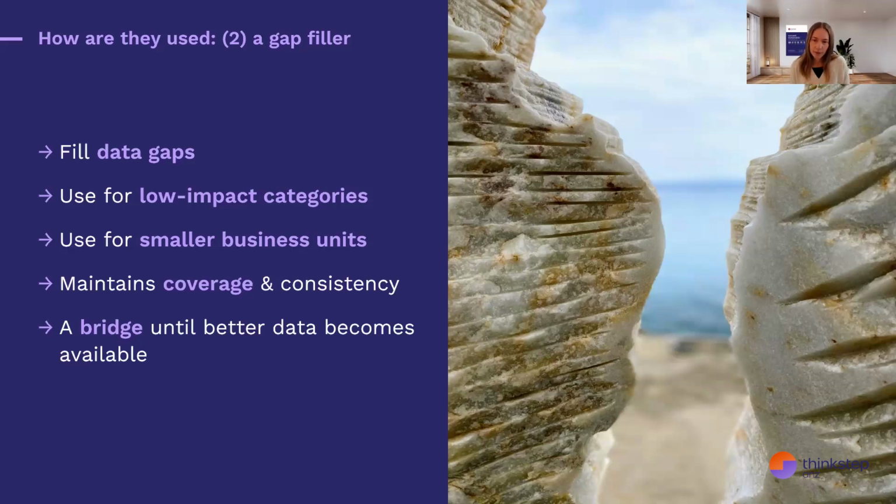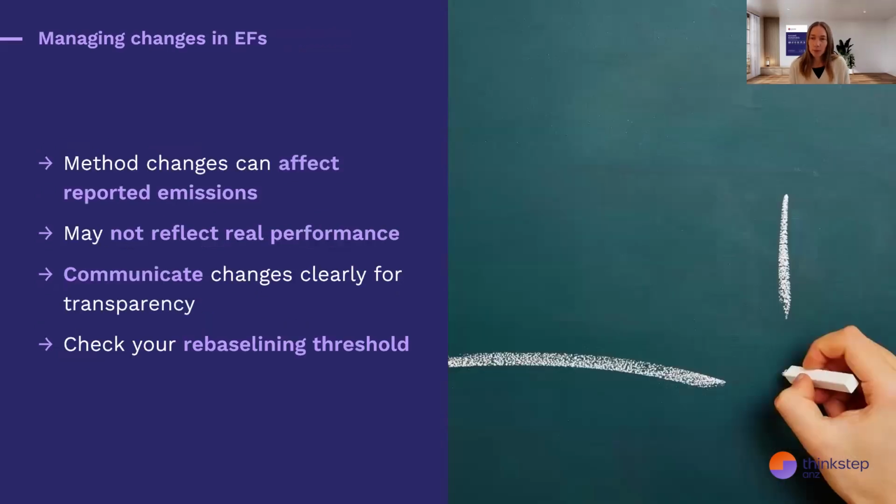A question that often comes up while organizations continue with that process is what happens when you're ready to move on to more detailed activity-based methods, physical units. That brings us to an important consideration here, and that's how to manage the transition between methodologies. So when you transition from one methodology, usually a high-level one, to a detailed one, no matter if it's spend-based emission factors or any other methodology, one thing to watch really closely is how it affects your reported numbers.